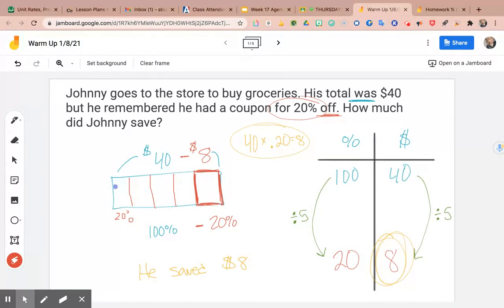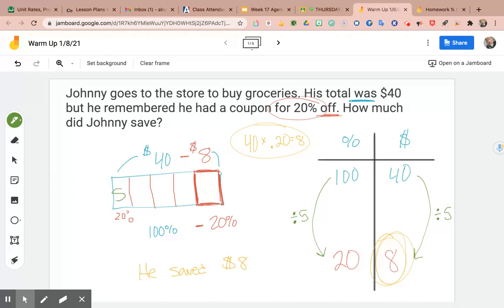And the whole thing is $40, so I need to know what's inside each of these boxes. So I need a number that I can add up 5 times and get 40. So basically I need to take my 40 and make 1, 2, 3, 4, 5 groups, which is why we divided by 5. And we saw that each one has to be 8.